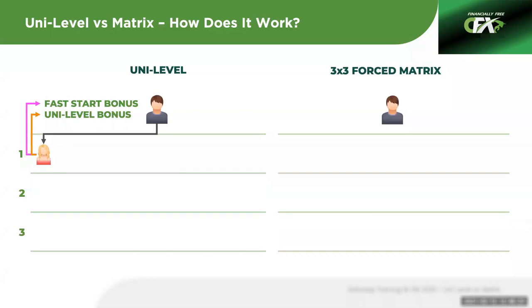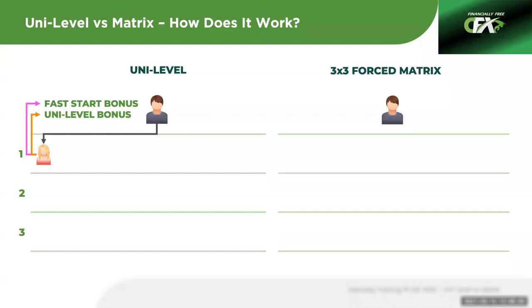So if your fast start bonus for bringing somebody in on a $1,000 pack was $150, which is what it would be, then your uni level bonus would be $15. So in total, for introducing that person, combining the fast start and the uni level bonus, your total will be $165.